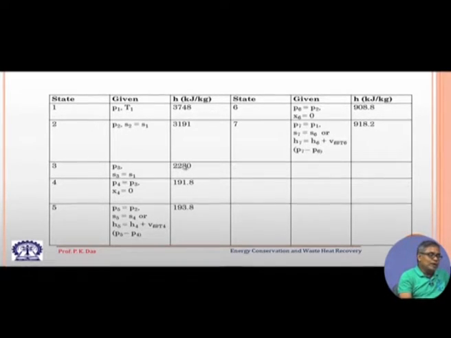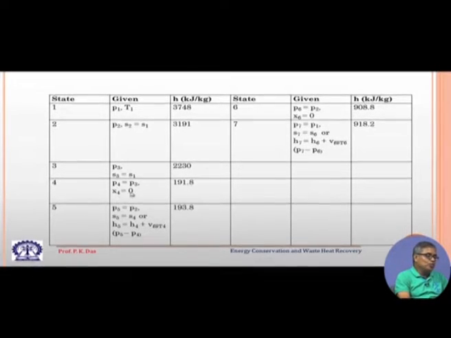So we know the enthalpy. Enthalpy at point 1, point 2 and point 3 are known. That means, if you refer to the cycle diagram I have shown earlier, along the expansion line of the turbine, we know all the enthalpy values at different points.